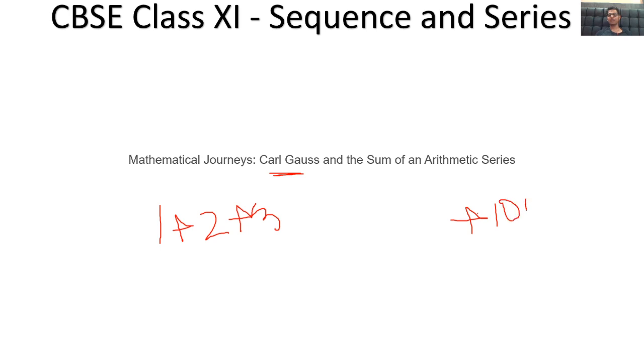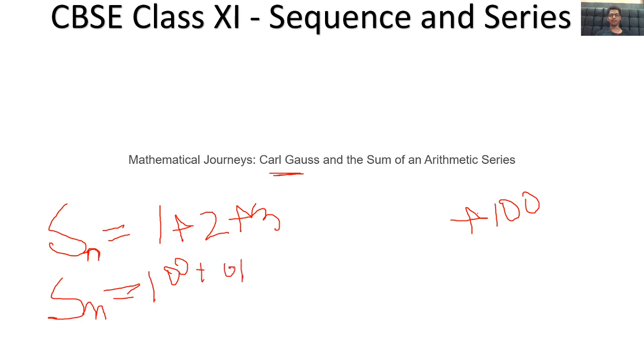And the teacher was really happy, thinking that he'll be occupied with this sum. Here we have the sum of the series of the first 100 natural numbers. Carl Gauss was quite witty and sharp. He came up with a plan. He did a reverse: he wrote 100 plus 99 down to plus 1.